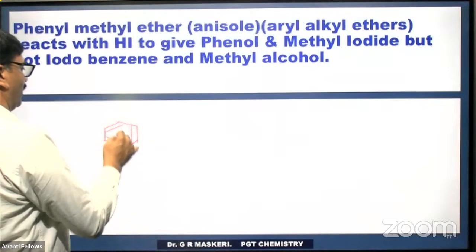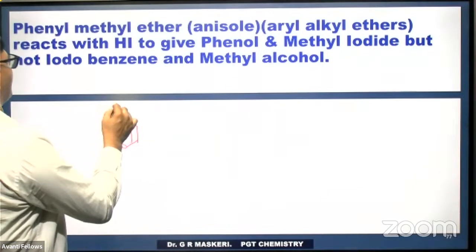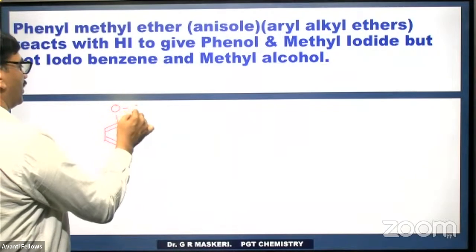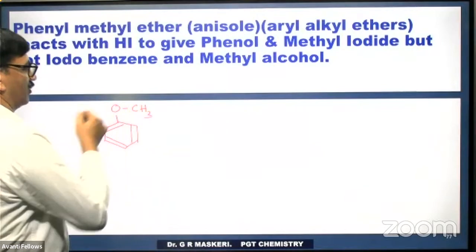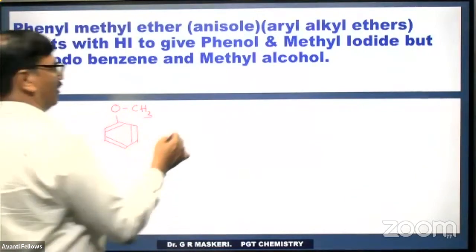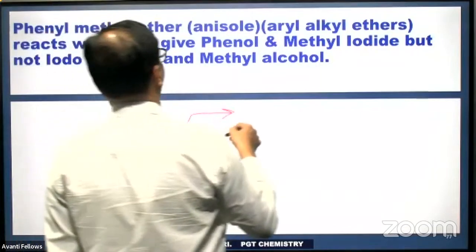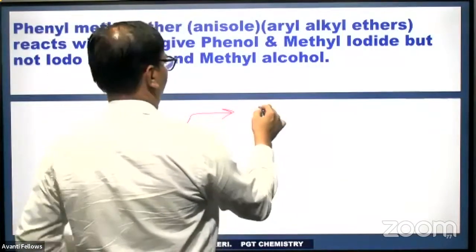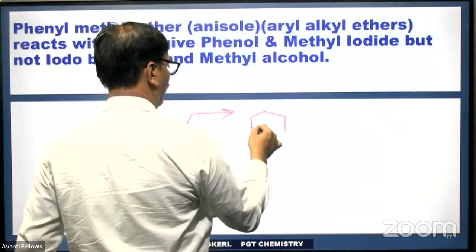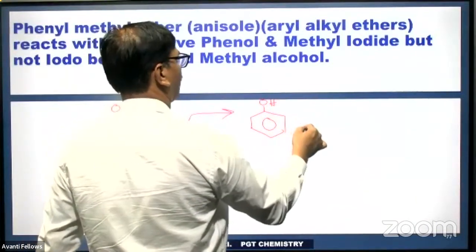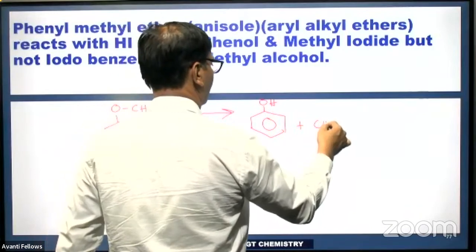So those who can draw the structures correctly: phenyl methyl ether, this is an ether. Phenyl methyl ether, anisole, will give phenol, and the other product is methyl iodide.